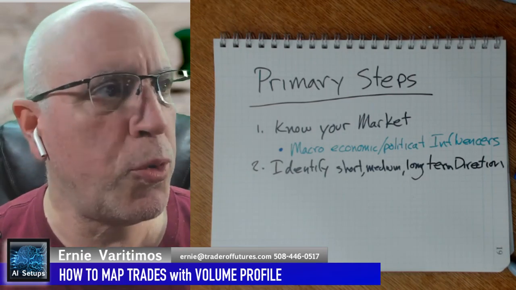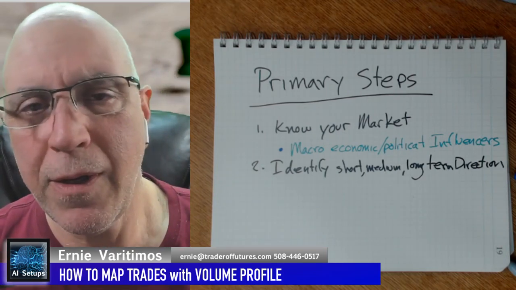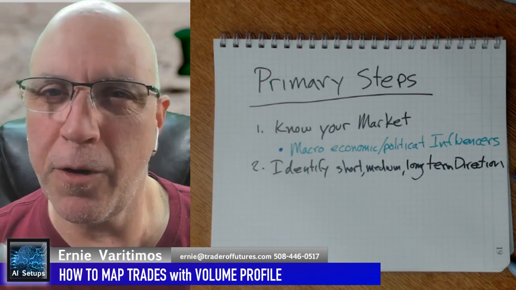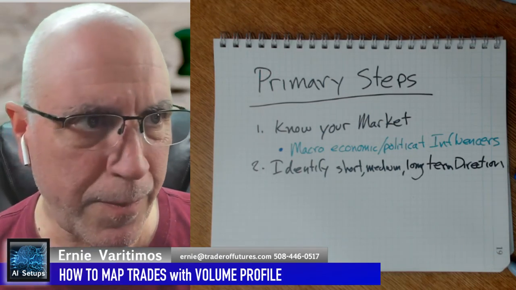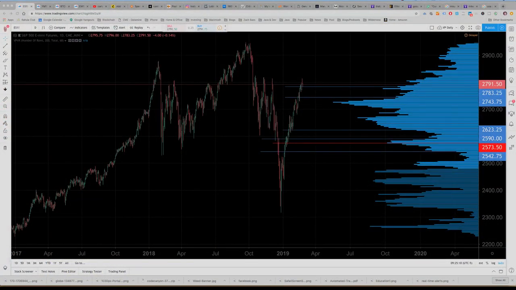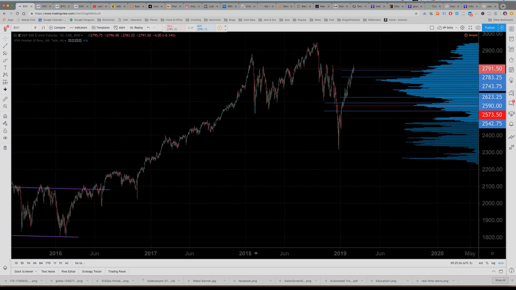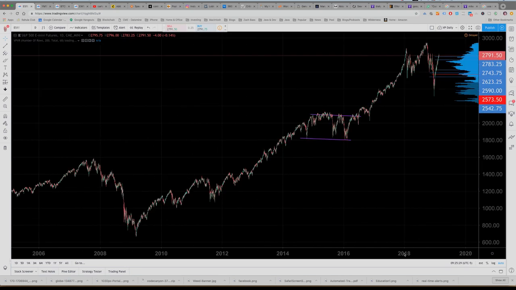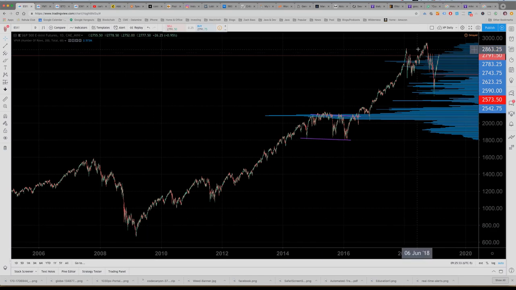And not only do you determine that bias, for instance, when I look at this chart here, this is the E-mini S&P, and I look at it from a very long-term point of view, there's no doubt that this market is bullish.